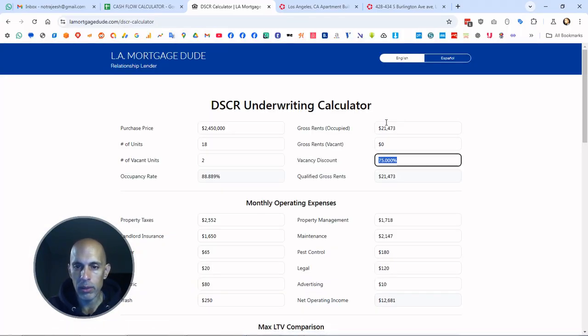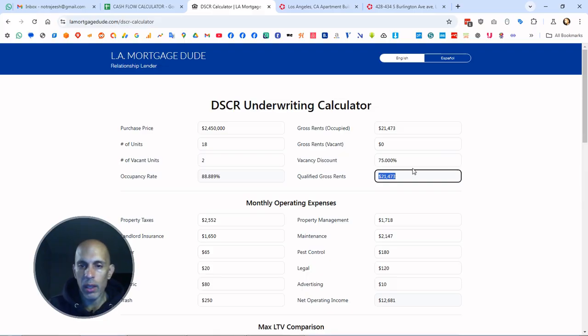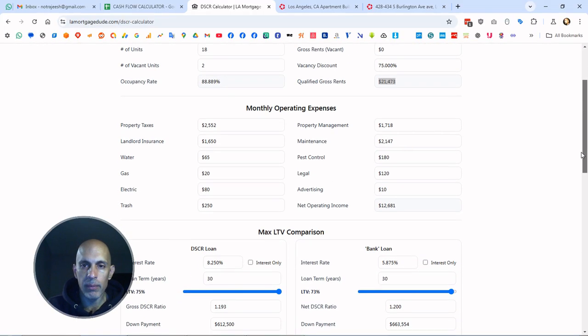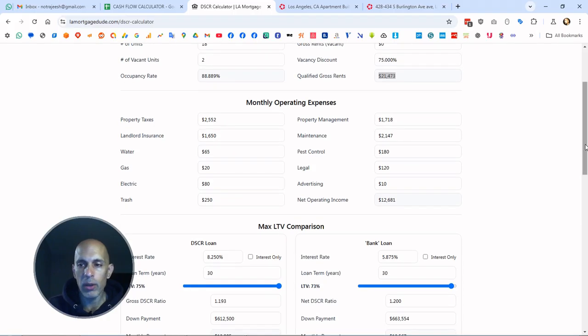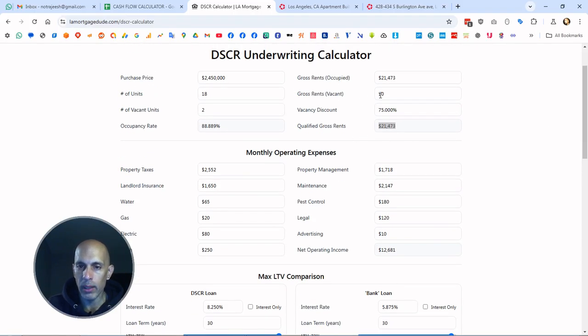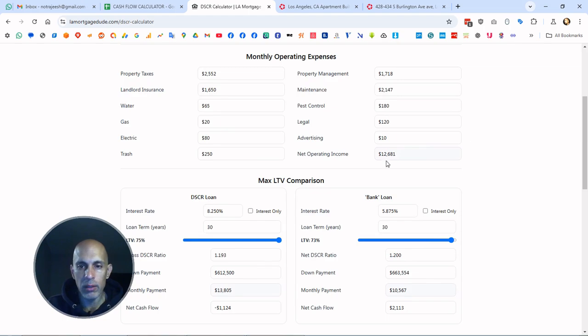I'm going to put 0 there for the vacancy discount. We're not going to calculate market rents for vacant units. We're going to go based off the qualified rents. Property taxes check out, landlord insurance checks out. Here is our net operating income, 12,681.